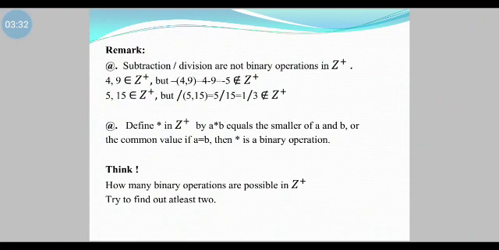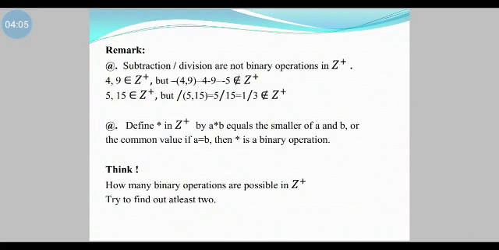The reason is, if we consider the elements 4, 9, minus of (4, 9) is equal to 4 minus 9, a negative number, minus 5, which does not belong to Z plus. Also, if we consider elements A, B with A less than B, like 5 and 15, then division of (5, 15) is equal to 5 by 15, that's equal to 1 by 3, a fraction which does not belong to Z plus.